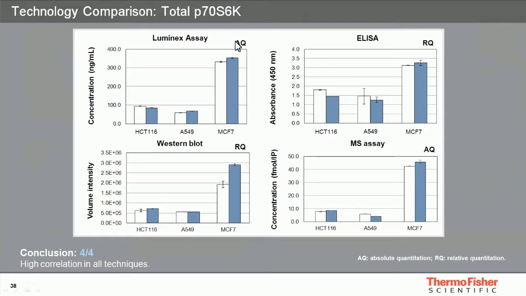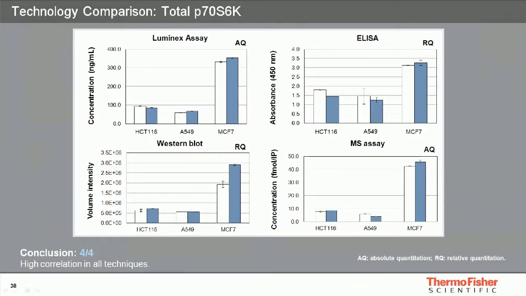AQ stands for absolute quantitation, and RQ is relative quantitation. Only with Luminex and mass spec were we able to get absolute quantitation, because we can run the standard curves for these two techniques, whereas with Western blot and ELISA, we get only relative quantitation.